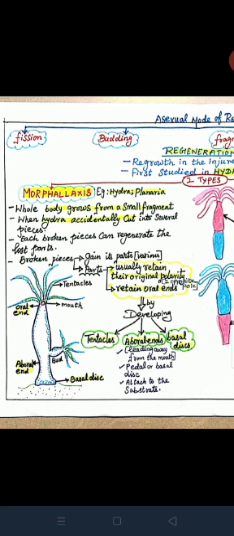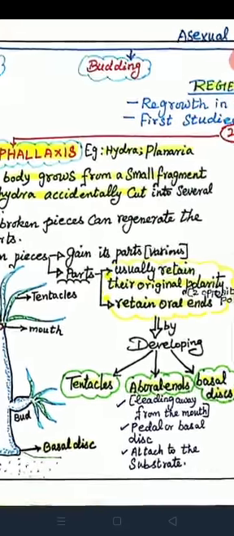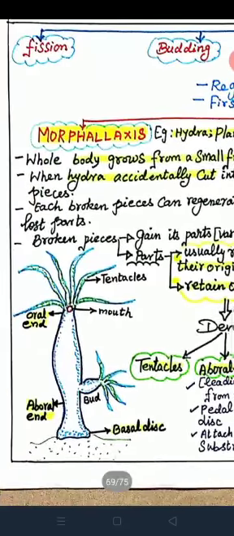We'll learn briefly with an apt example, Hydra. As we already learned about Hydra under the topic of exogenous budding, let's recall the structure of Hydra. Oral end occurs near the mouth part.